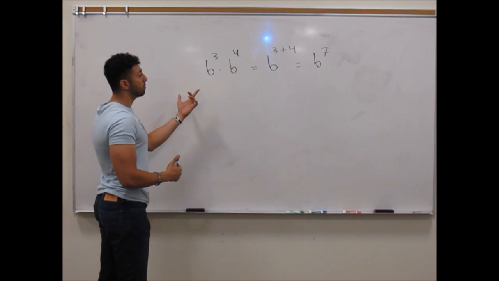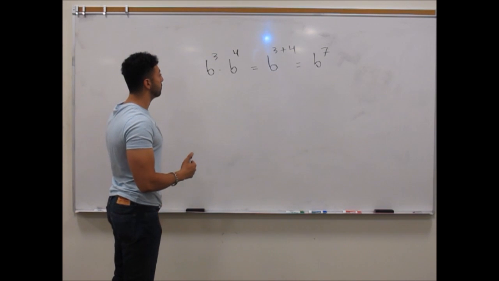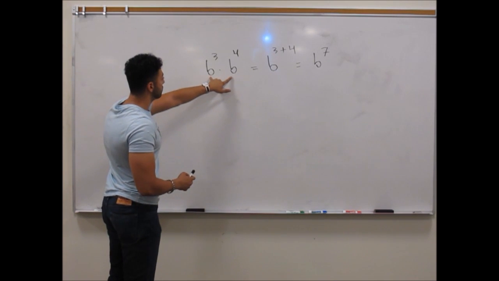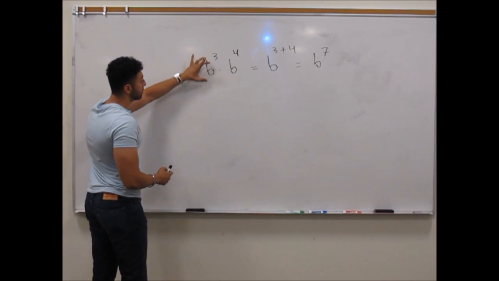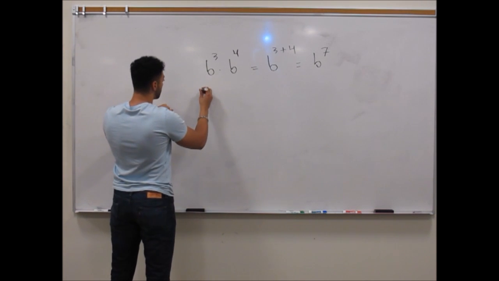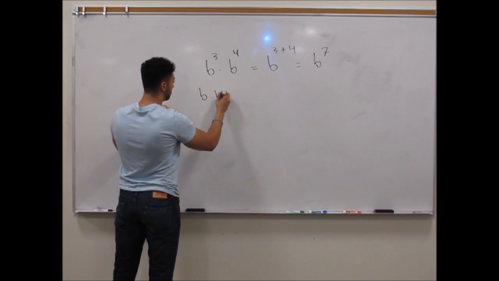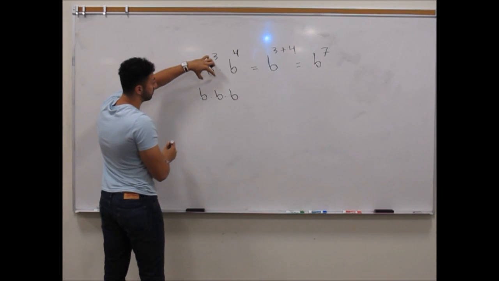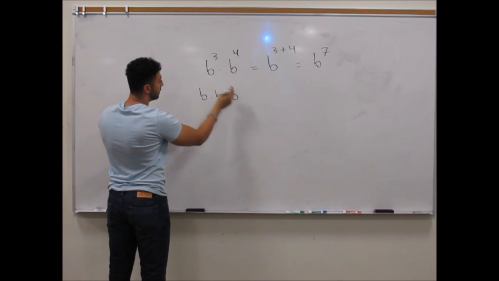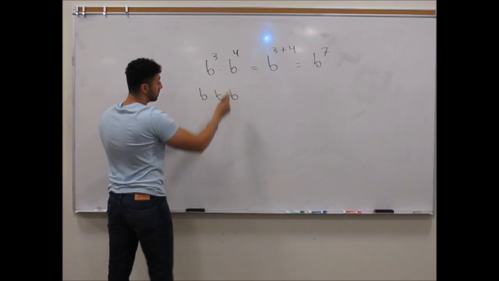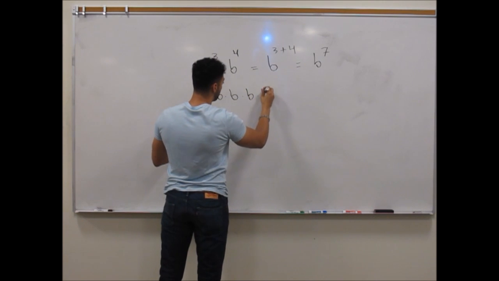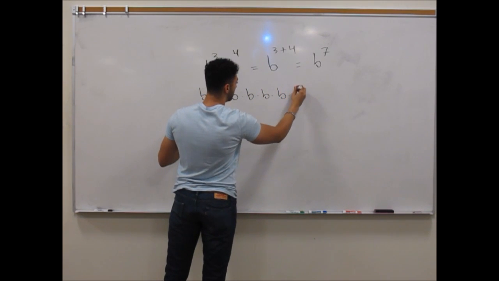So why does this work? What this is really telling us is that we have 3 b's here. Let me write that out. This is coming from this one, and that's getting multiplied by 4 other b's: 1, 2, 3, 4.